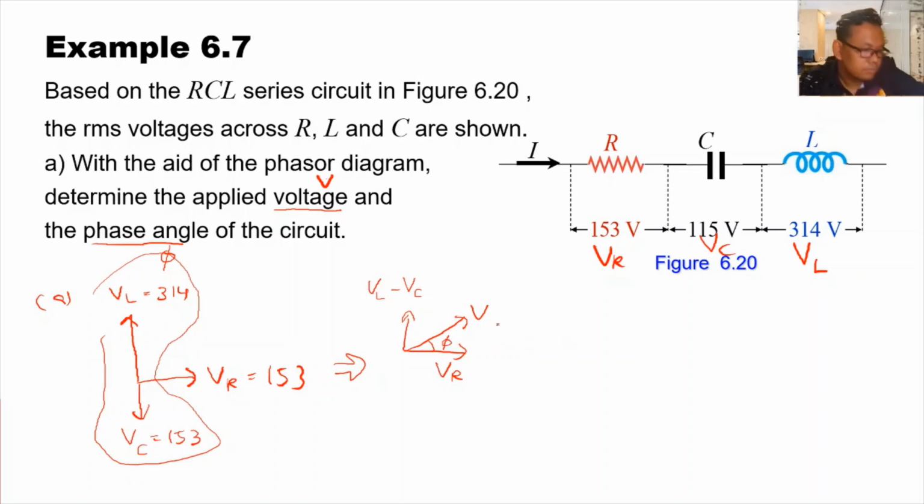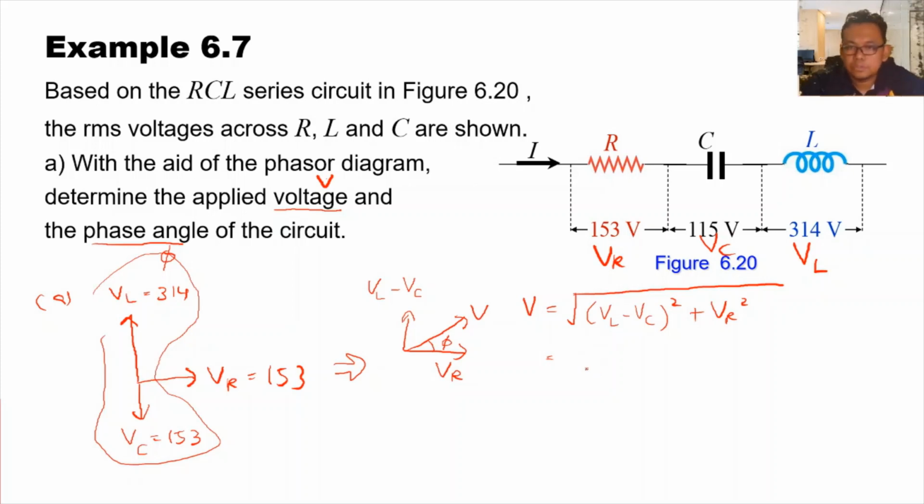So how? The RMS voltage V from this diagram is the square root of (VL minus VC) squared plus VR squared.